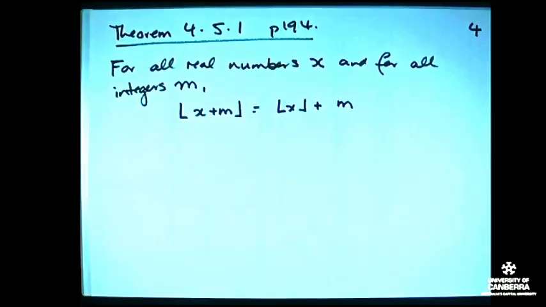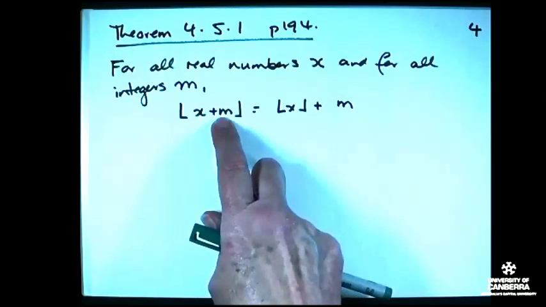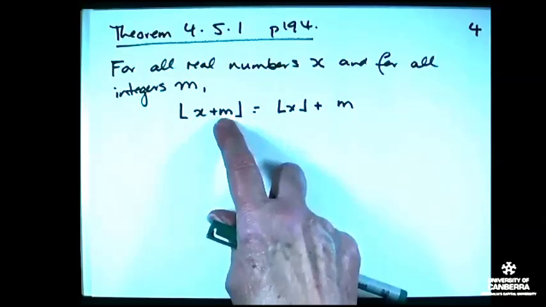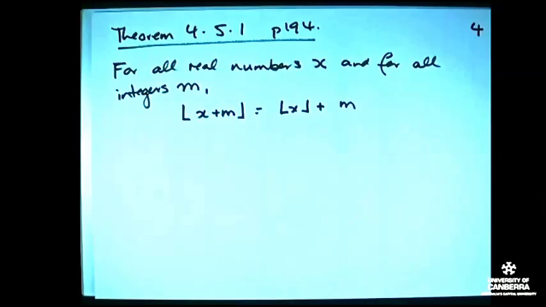And we say, well, that is probably going to be true. Well, we've called it a theorem, so we're going to prove it is true. Because m is an integer, so it never has any decimal parts, it's always just going to get added on. So we will prove it now.